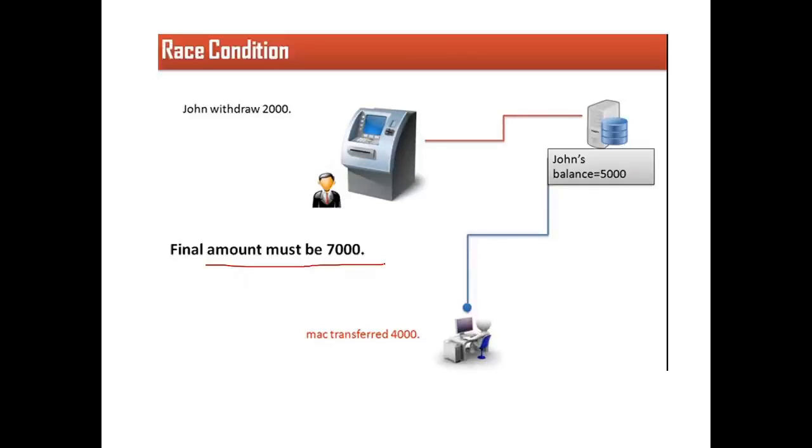In the critical section problem, the code which is very important, where the variables are shared, that part of the code is locked, and we call it the critical section.